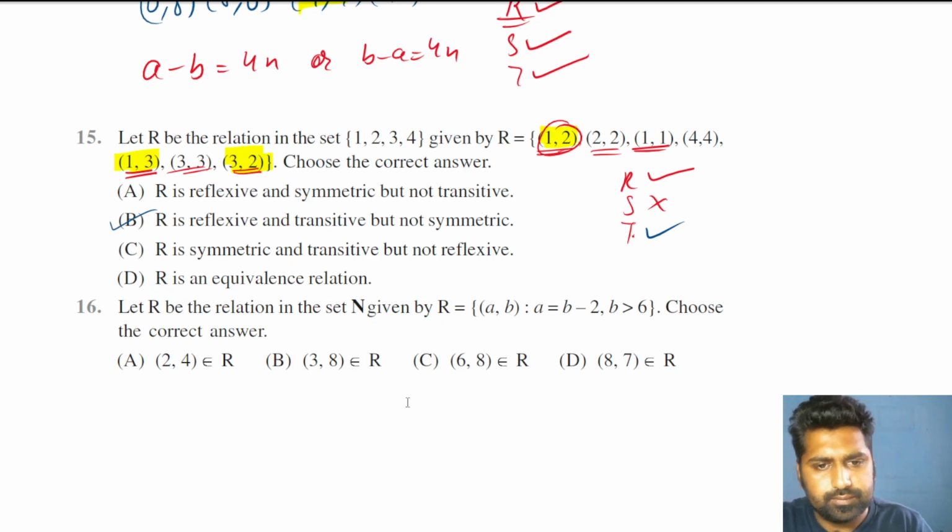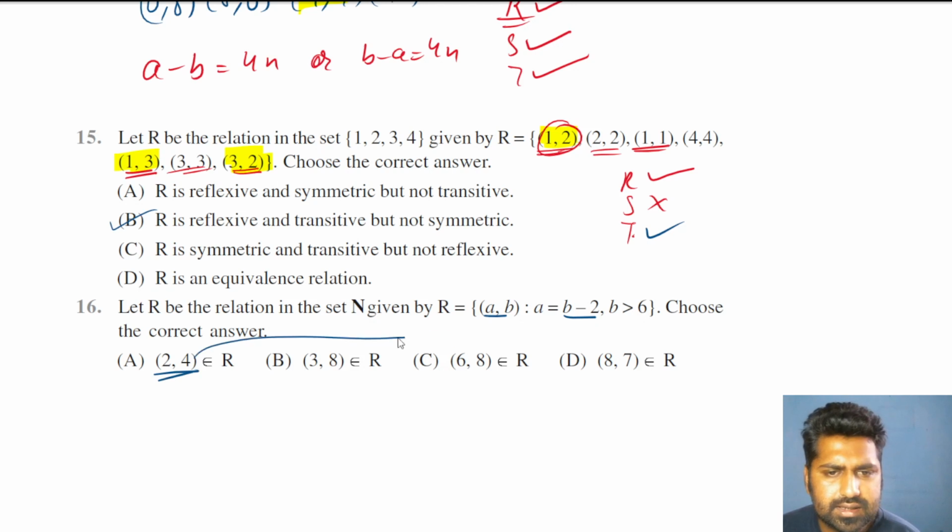Choose the next one. Let R be a relation given something like this. A comma B is the element. A is B minus 6 and B has to be greater than 6. Okay, so choose which is correct. So we have to just check if this satisfies this equation or not. A is B minus 2, so 4 minus 2 is 2, fine, but point is B has to be greater than 2.